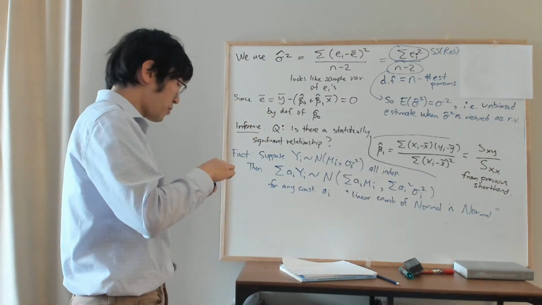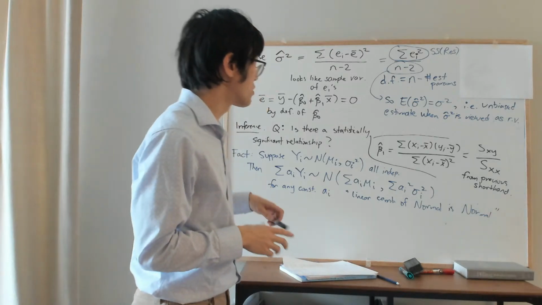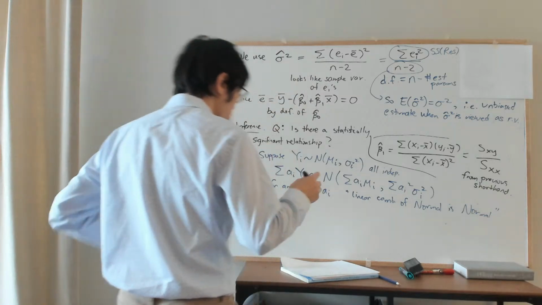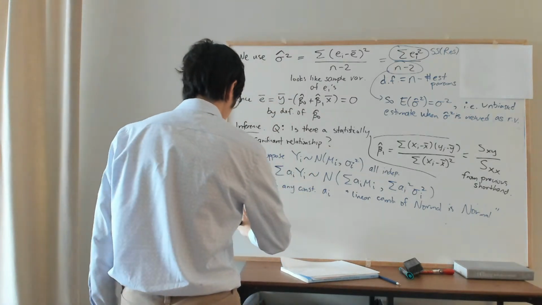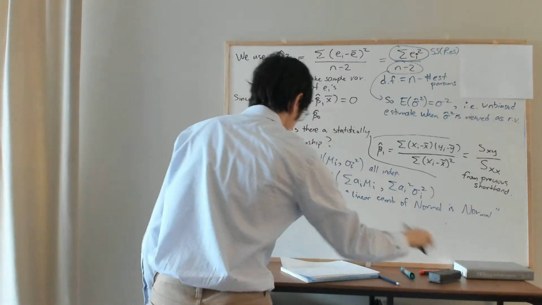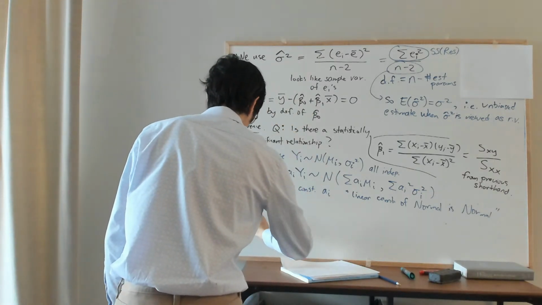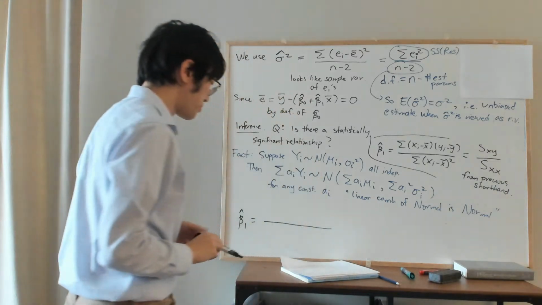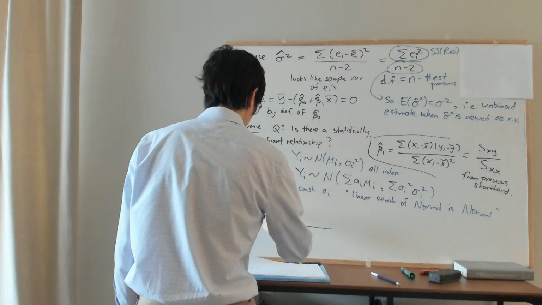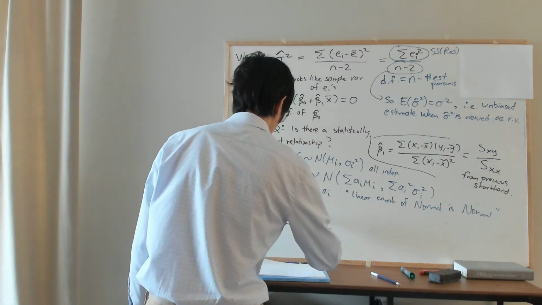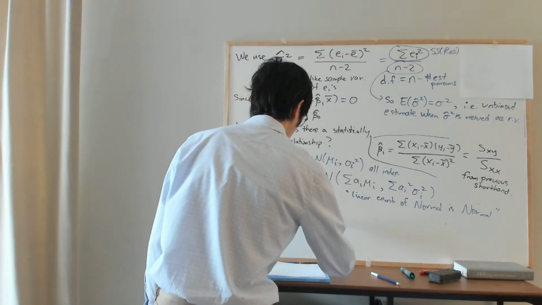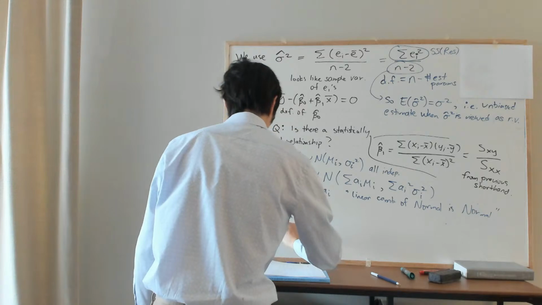With that in mind, we're now ready to look at the distribution of beta 1 hat, and we view that as a random variable. I'm going to start with the expression for beta 1 hat, and I'm going to write it in a couple different ways to make our computations a little easier. Let's start from the way we wrote the estimates: the summation of xi minus x bar times, and I'm going to view it as a random variable, so I'm going to use capital Y now, yi minus y bar.